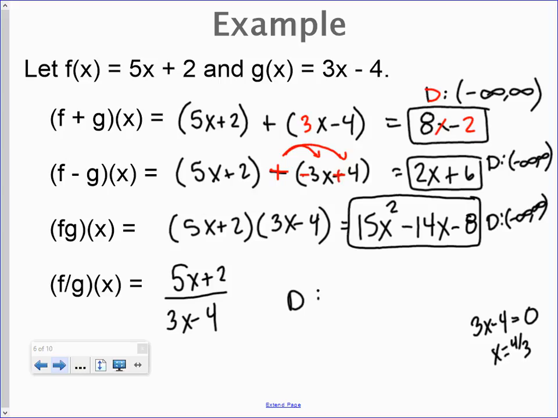To write this with interval notation, we would do negative infinity all the way to 4/3, but we don't want to include 4/3, so parentheses, union, pick right up at 4/3 to infinity, so that 4/3 is the only thing excluded from the domain. So that's a little bit fun.